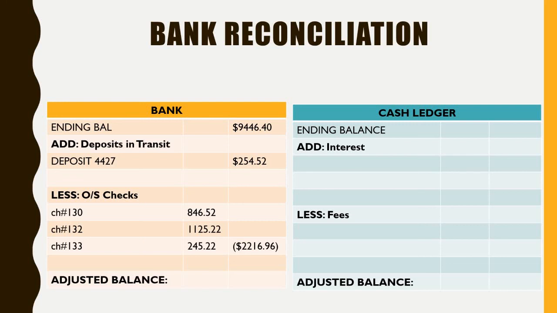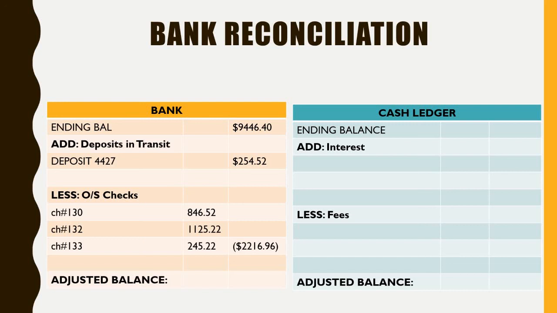And how we calculate this is that, okay, we have our ending balance in our bank account. This is what my bank statement reflects. I'm going to add money because this is money that is going to be transferred into the bank account. We're going to subtract our outstanding checks because, again, we wrote these checks. This is potential money that's going to be taken out from my bank account.